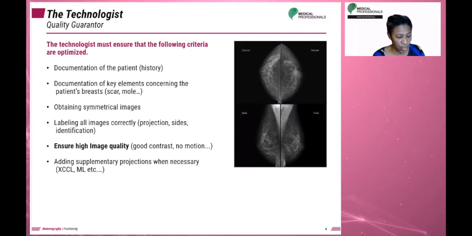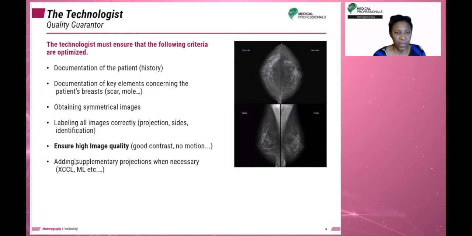But some of the things that should be done for your label: you should have the patient's name plus an additional identifier, such as an MRN number or the patient's birth date, the date of the examination, of course, the projection and laterality, and that is usually placed in the axillary area of the breast, the facility's name plus the address, some form of mammography identification. Mammography identification could be simply the initials, and then it has to identify the unit, especially if there's more than one unit at the facility.